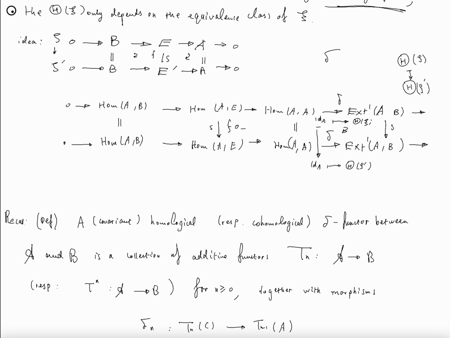I think we could either use something like the five lemma. You have a commutative diagram, you have a morphism of complexes, and if all the vertical ones are just isomorphisms, then the one in the middle should be as well.